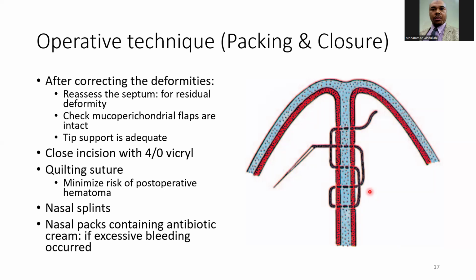Quilting sutures are done to prevent postoperative hematoma. Nasal stents are inserted. A nasal pack is not necessary except if there was perioperative bleeding. Then you can pack the nose to provide hemostasis.